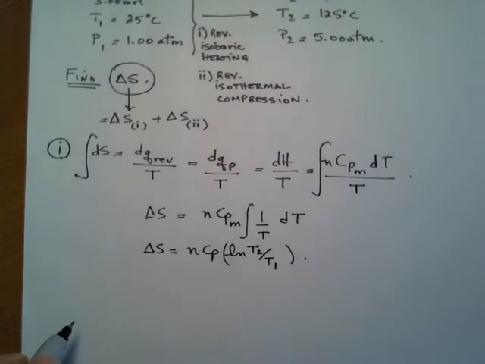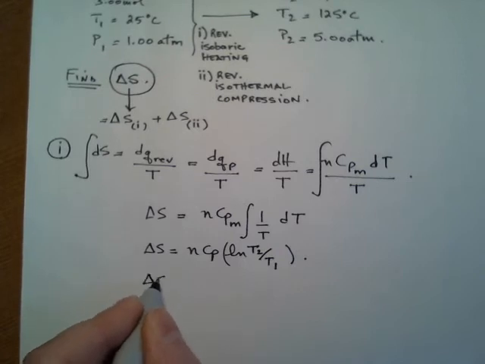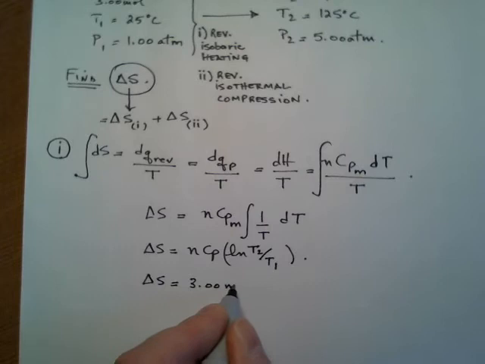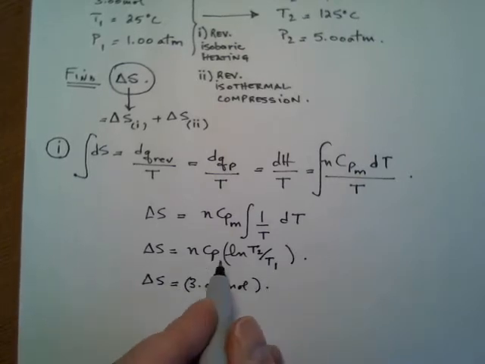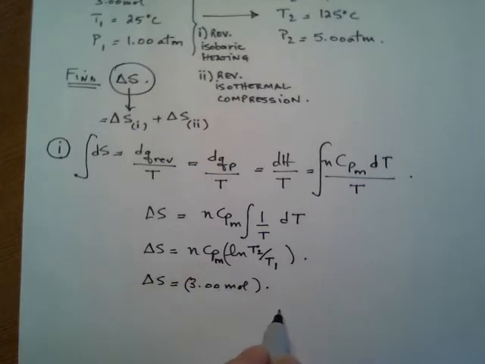So delta S is equal to, I have 3 moles, and the CP molar, of course, is 5/2 R, and the R value I'm using, I wouldn't use the liter atmosphere per mole Kelvin, right?